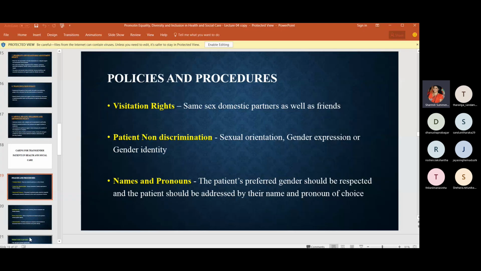Patient non-discrimination. You can't discriminate against a patient depending on their sexual orientation, gender expression or gender identity. As the individual is transgender, you can't say there are rules or regulations that a transgender person can't be admitted to any ward, or can't get health and medical services from the public or private sector.